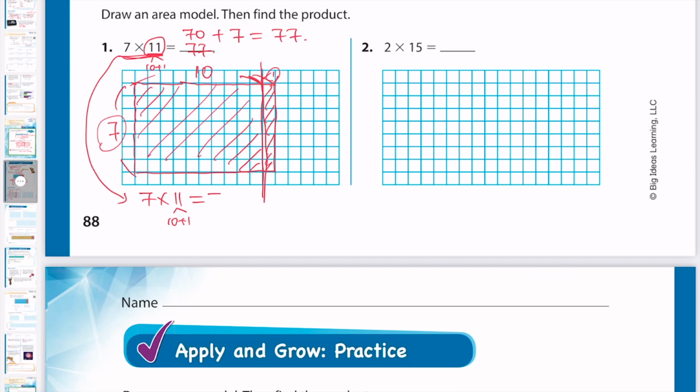So 7 times, parenthesis, 10 plus 1. This parenthesis is what? Yes, the priority. So you have to do this parenthesis first, but here we are going to use what? Yes, deliver, right? So I'm going to use the distributive property of multiplication. So I said deliver, and another one, deliver.